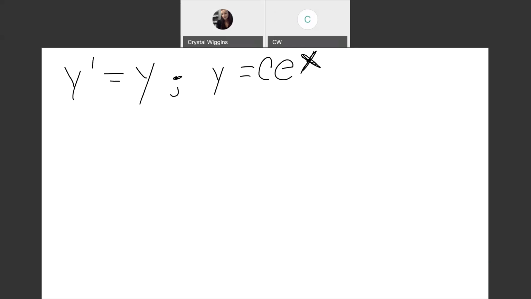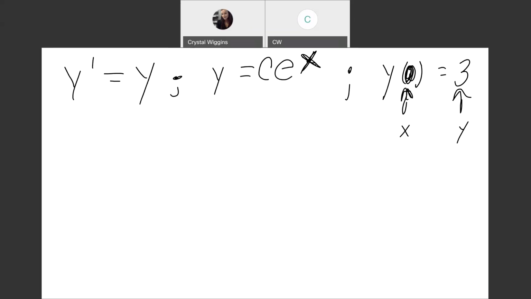We want to find that particular solution by using the initial condition y of 0 equals 3. So we know that the independent variable is 0 and the dependent variable is 3. So x is 0 and y is 3.